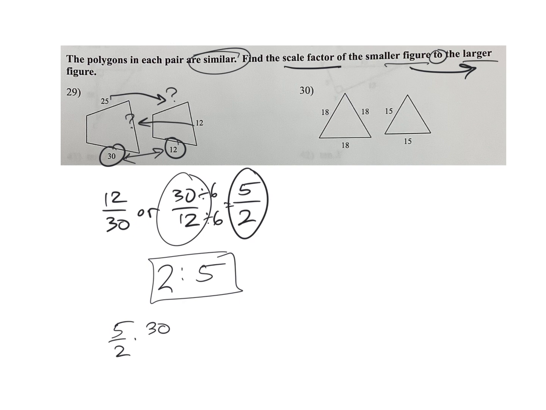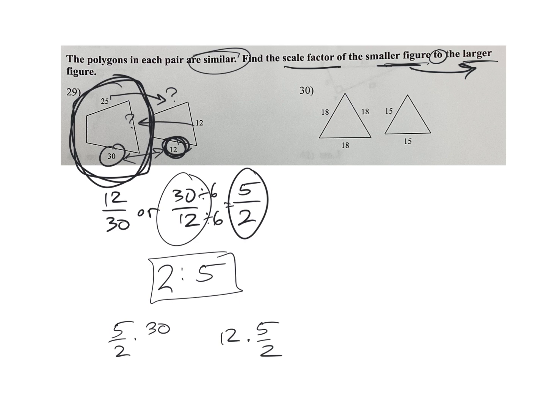I get a bigger number, don't I? Well, isn't this the larger picture? So if I multiply by 5 halves, I'm asking for a bigger picture. But it says small to large, so I should have taken the 12 times the 5 halves, and that will give me 30. So it all depends on which way you're going.